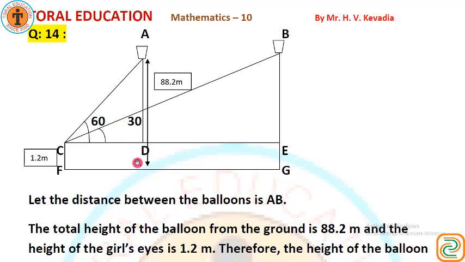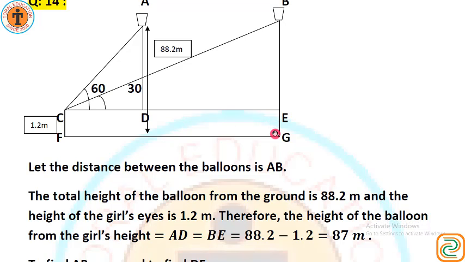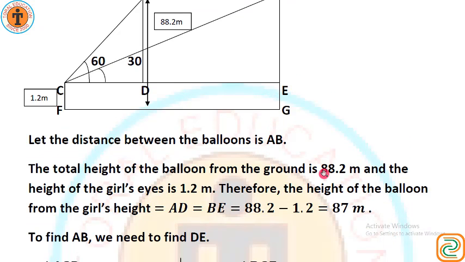So we need to find DE. What is the distance DE? The distance travelled by the balloon is AB, A and B. AB is the same as DE. Total height is 88.2 meter and the height of the girl is 1.2.